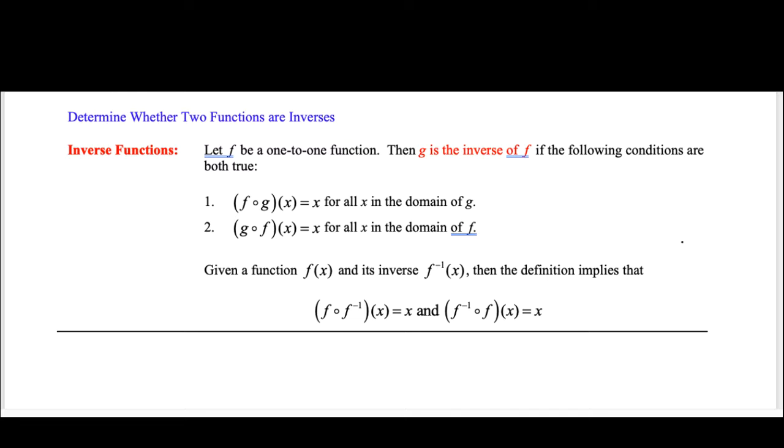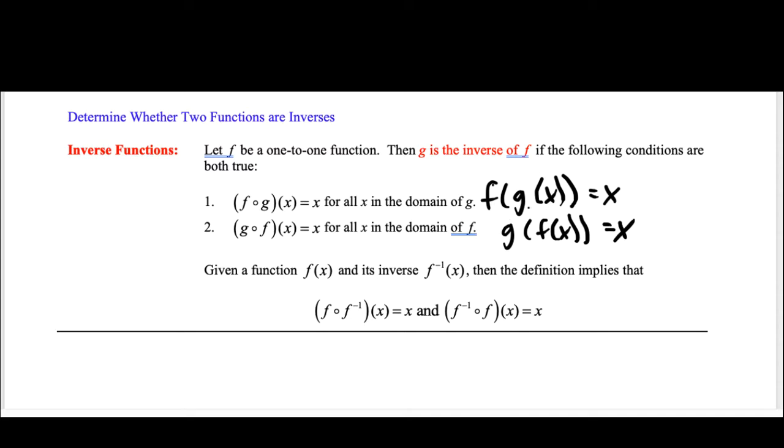And this actually makes sense, because this notation here we define as f of g of x, and this has to equal x. This is g of f of x, and this has to equal x. In the first one, the output of g serves as the input of f.